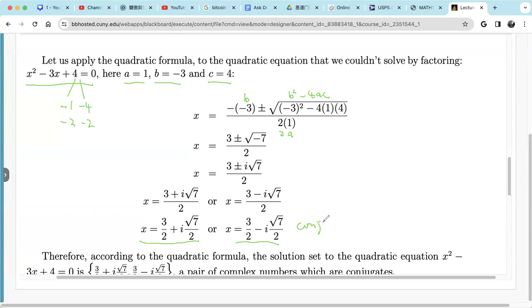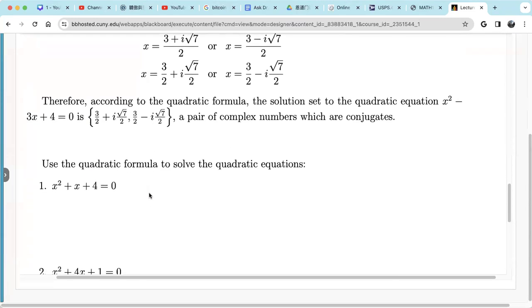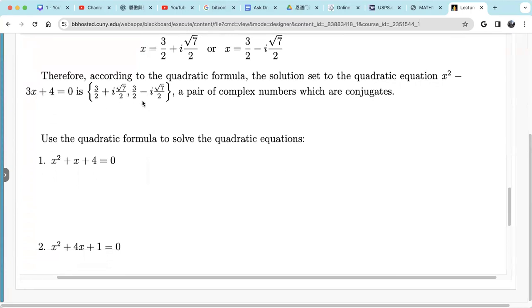One is plus, one is minus. They're conjugates of each other. So complex solutions come in pairs, just like irrational solutions. If it's an irrational solution, it also comes in pairs. So I have two solutions for that one.